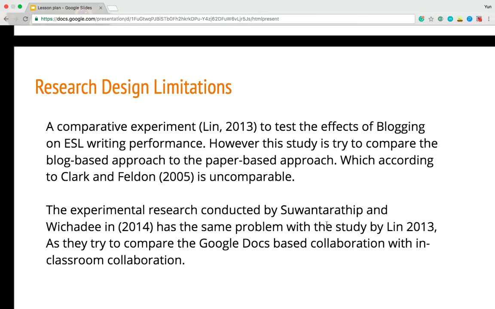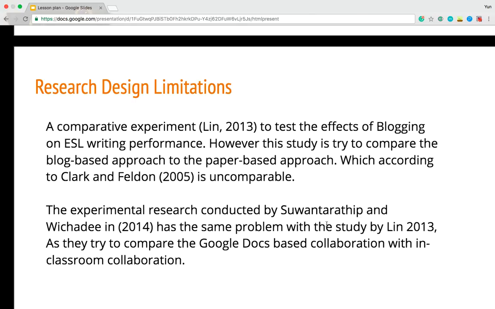One obvious problem here is that they cannot measure the fixed time of those two groups, as the in-classroom session is about 70 minutes. However, the time spent on outside-classroom Google Docs-based learning activities was hardly measurable.